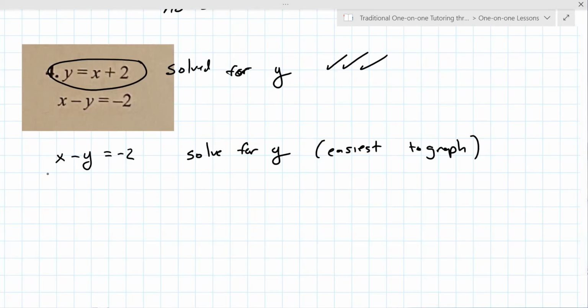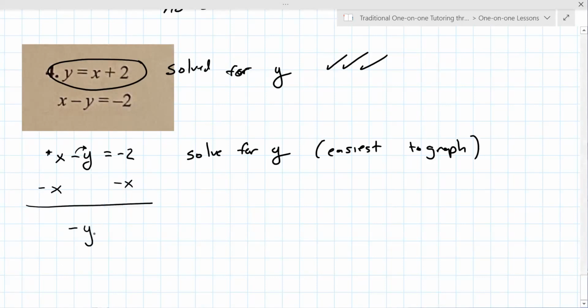There's a negative sign in front of the y, but there's nothing in front of the x, so the x is positive. So how do you undo positive x? Subtract x.